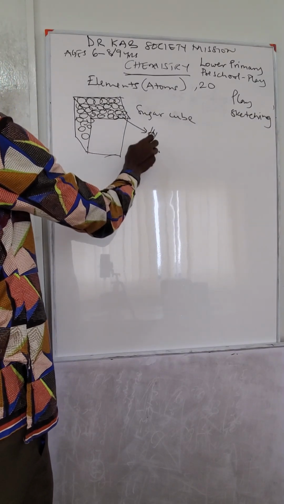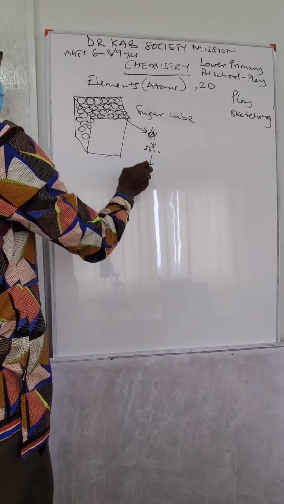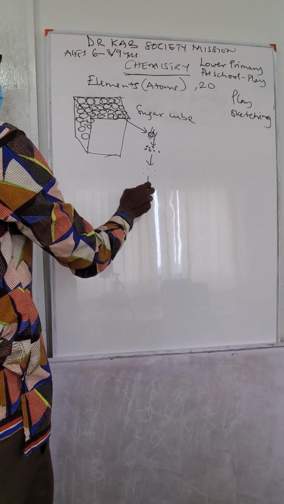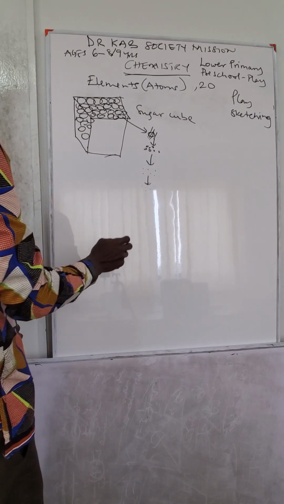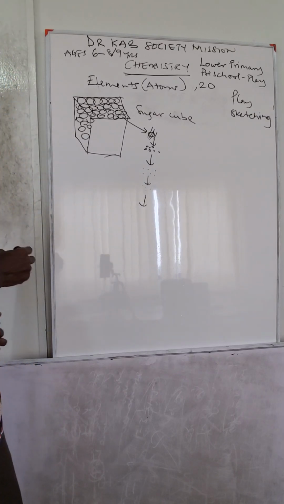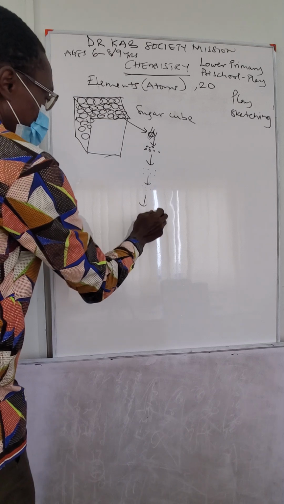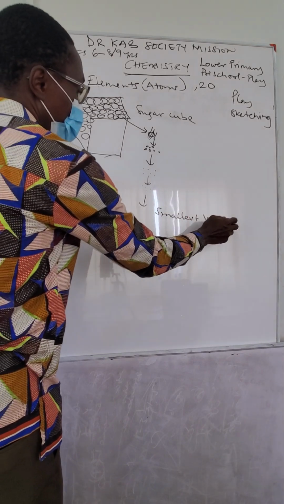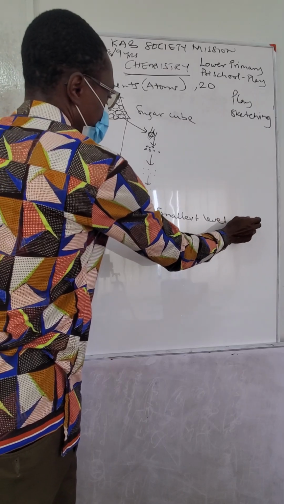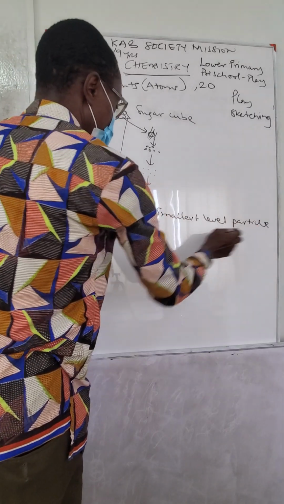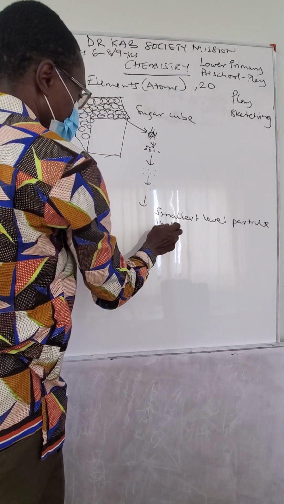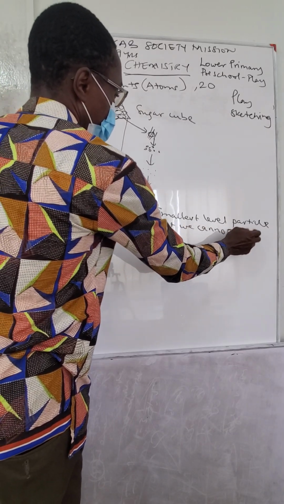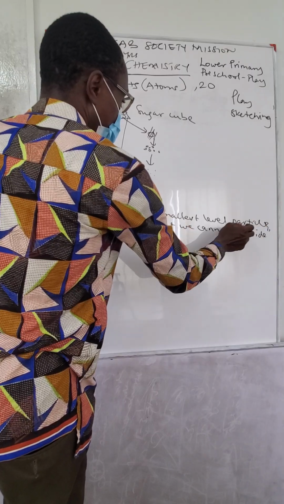So breaking it into pieces like that. You can break this one also into pieces. Then you can get something like that. You can break it and then eventually we get to one level that we call the smallest level particle that we cannot divide any further.